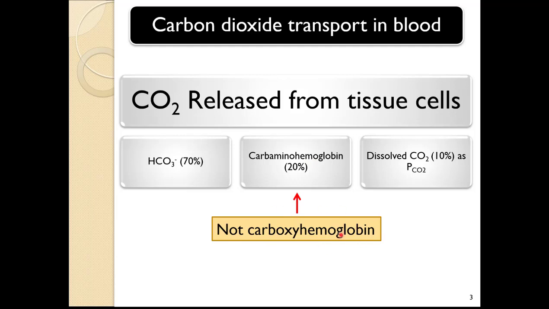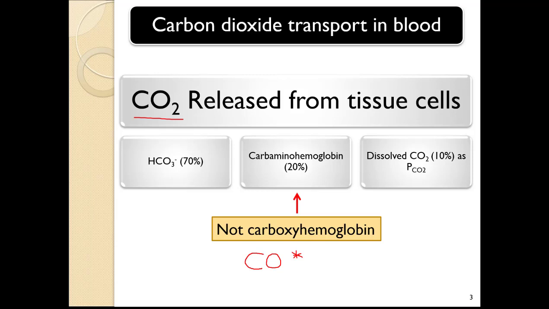Carboxyhemoglobin, so go ahead and write this down as well, is when carbon monoxide is bound to hemoglobin, and that is deadly. So carbon monoxide has a formula of CO. That's carbon monoxide. Carbon dioxide, which is what we're trying to get rid of up here, right, is CO2. This stuff, carbon monoxide, as many of you are probably aware, is deadly.